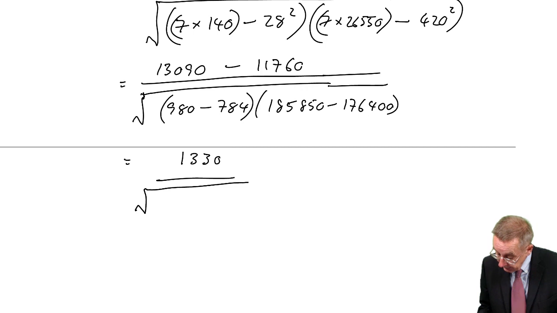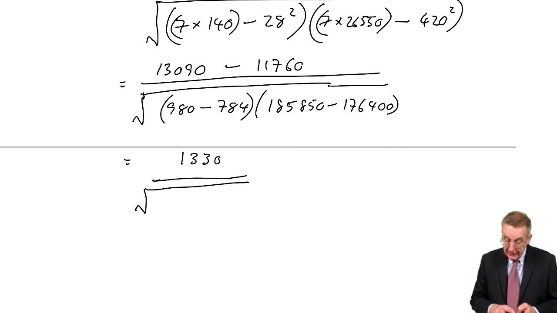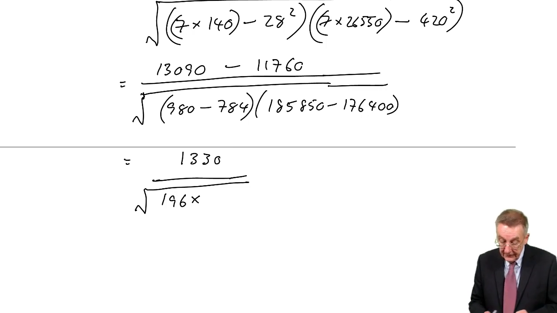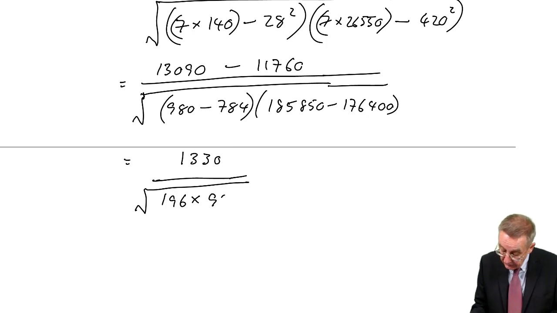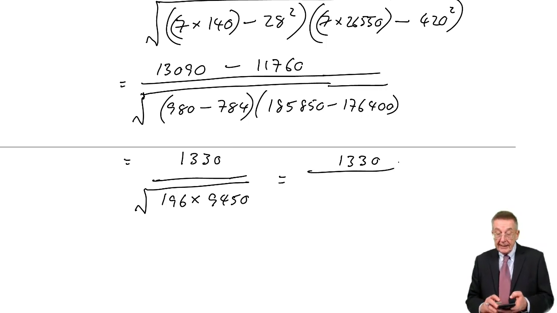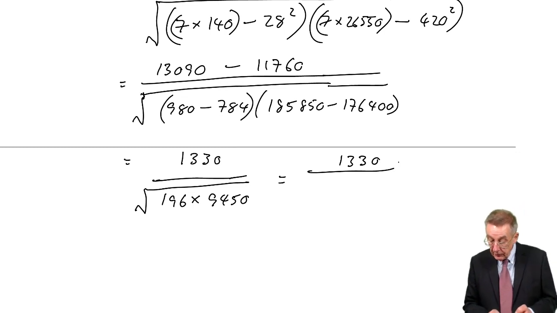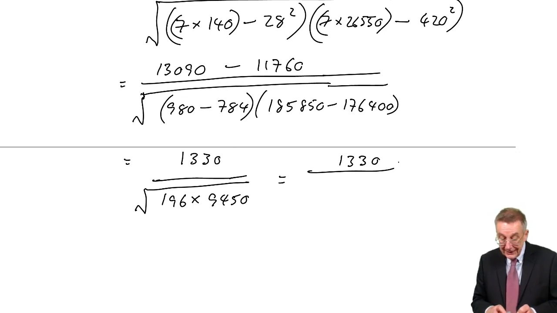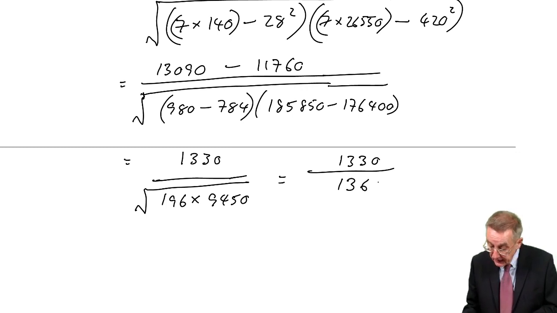Over the square root of 196 times 185,850 minus 176,400, which is 9,450. 196 times 9,450 is 1,852,200. If I take the square root of it, I get 1361.